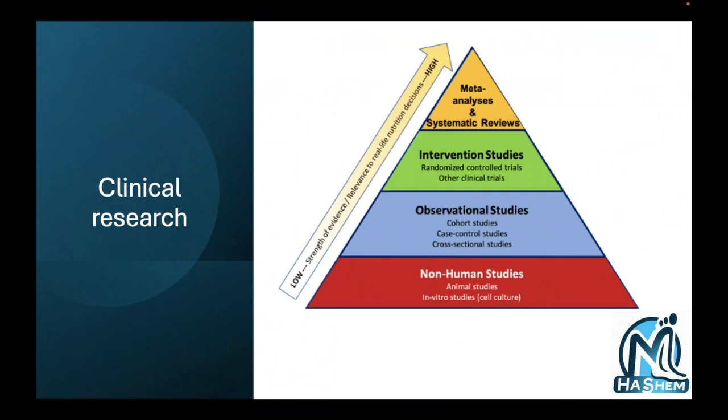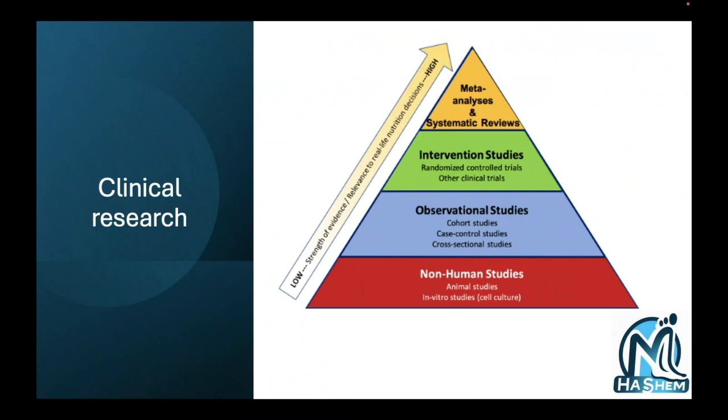That is the poorest way of practicing, because it depends on only one decision, which is always mistaken. Or you depend on non-human studies like in vitro studies. The level above this, the better evidence, is based on observational studies. So you don't intervene, you don't put anything in you, you don't invest anything in you. You just observe what's happening, either prospective.